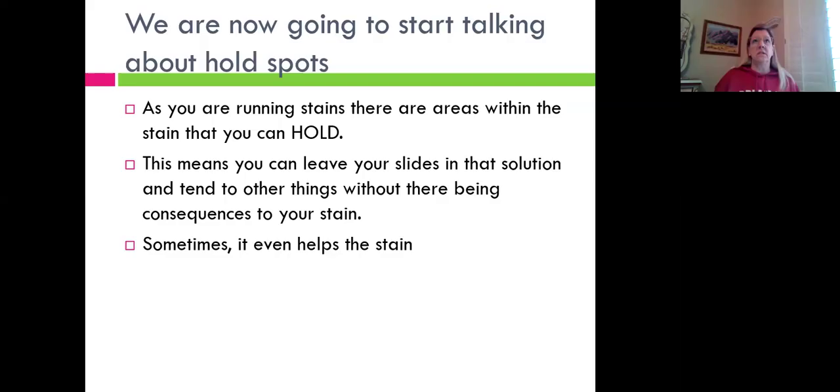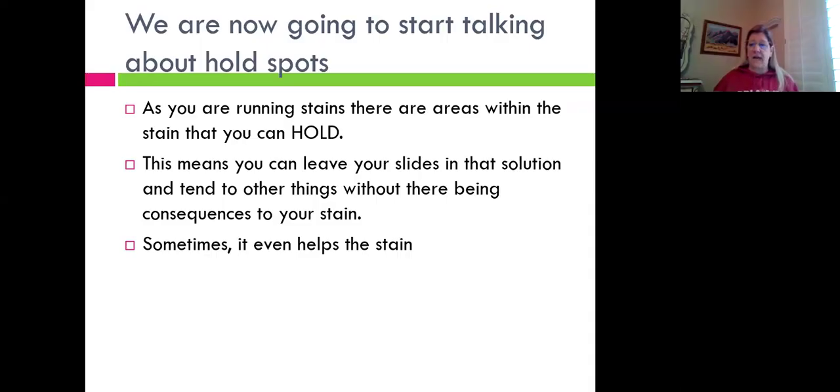Now, there's a number of reasons for holding spots. One, when you're running special stains in industry, you're not just running one stain at a time. You're running multiple stains at a time. So by knowing your holding spots, you can drop your slide halfway through one particular stain and then tend to another stain that maybe you have to go through 2 or 3 more solutions before you get to a holding spot.